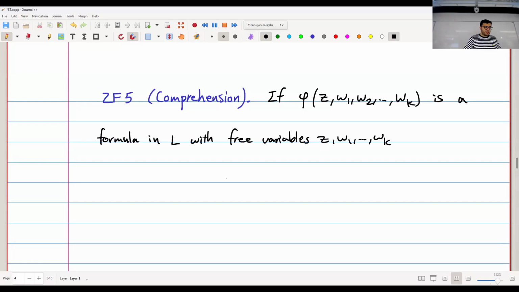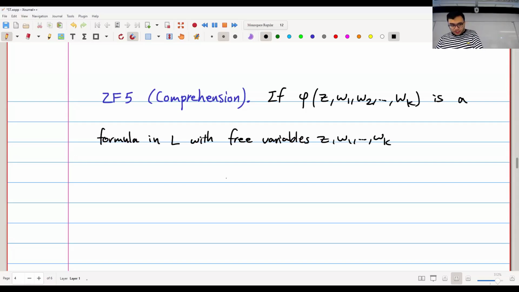Now, what do I want to do? I want to say that, suppose I have a set. So let's say I have a set X, and suppose that I have k values w1 to wk. I can take all elements z of X that satisfy this.